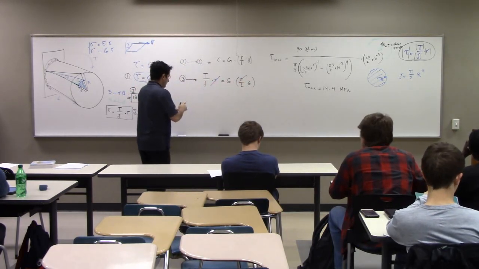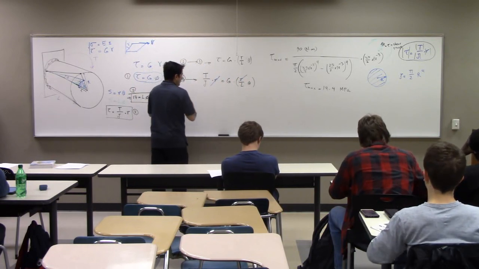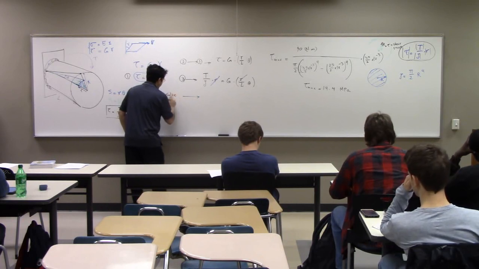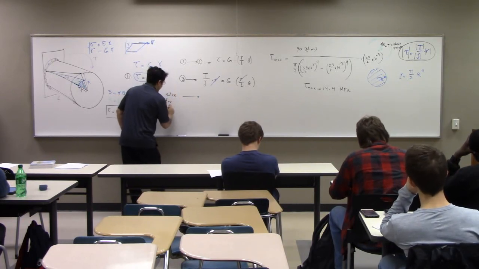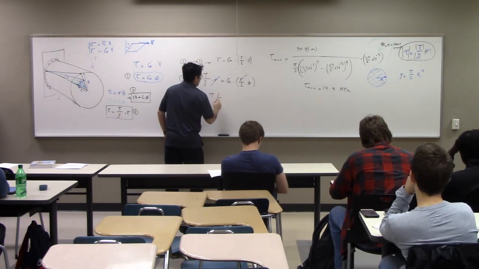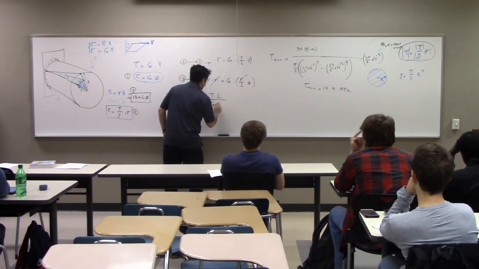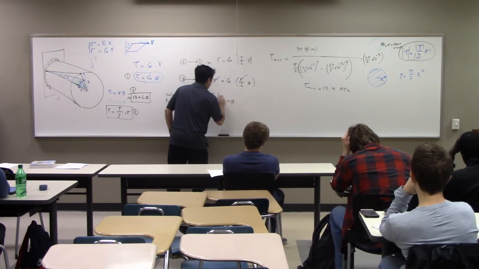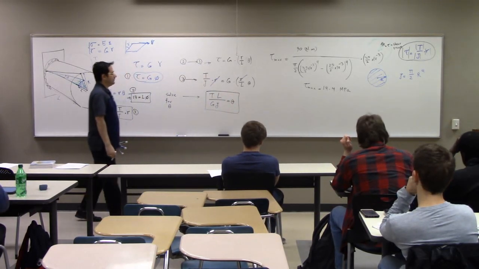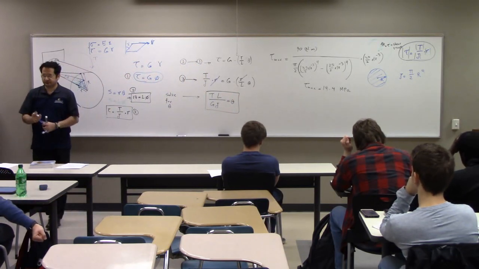Then solve for theta. Theta is equal to T L over G J. That's it.